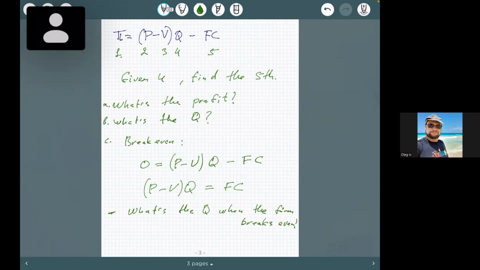So what's the quantity given prices and variable cost when the company breaks even? You can have also time related to this, and you can have some combination. So you can say, what's the price if you want to break even by selling 10,000 units of a product? So what's the price?